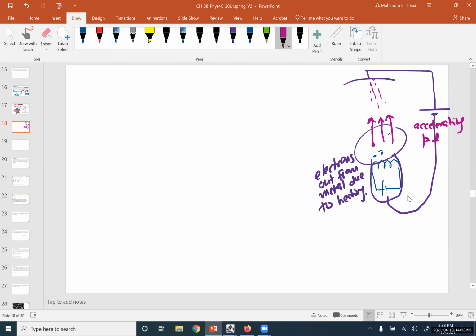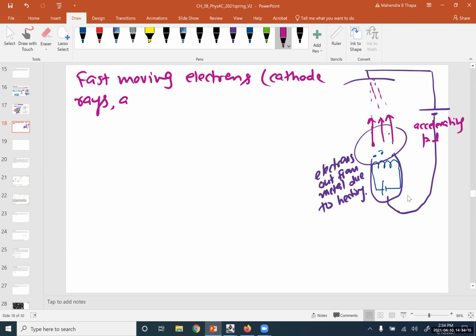After that, fast moving electrons, so we'll come to this point later, but this is also called the cathode rays, but they are not rays basically. Actually not rays.